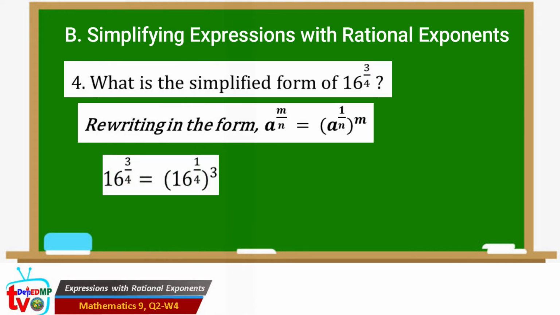It becomes the quantity of 16 raised to 1/4 raised to 3. Rewriting 16 raised to 1/4 in radical form, it becomes the quantity of the fourth root of 16 raised to 3.